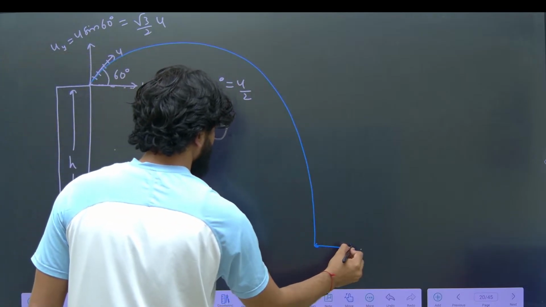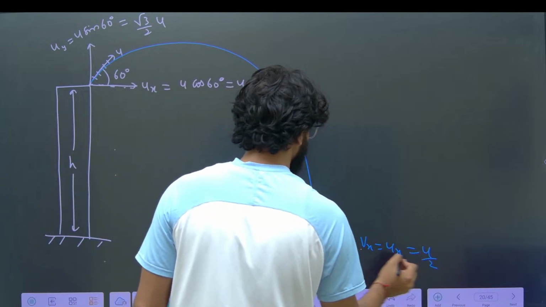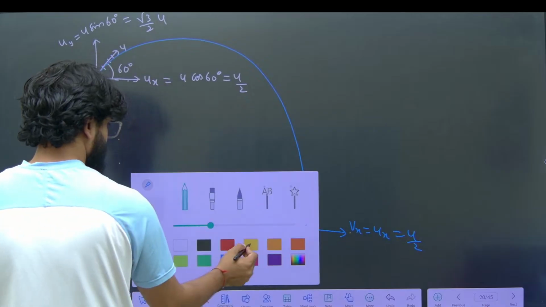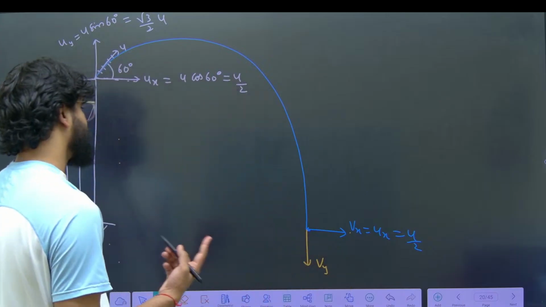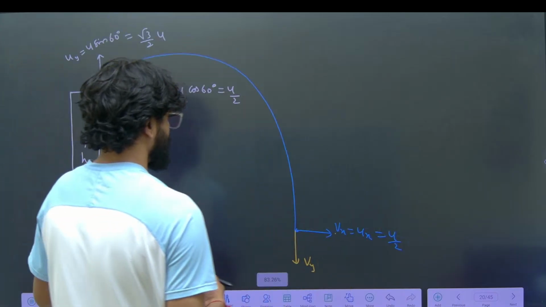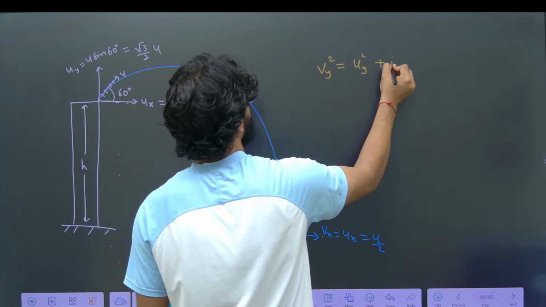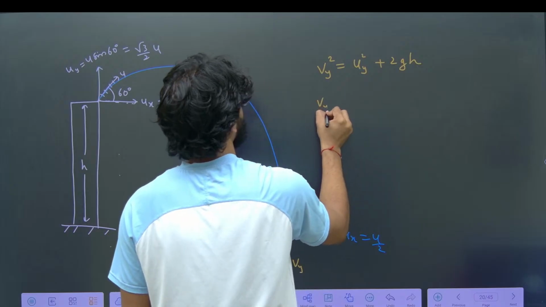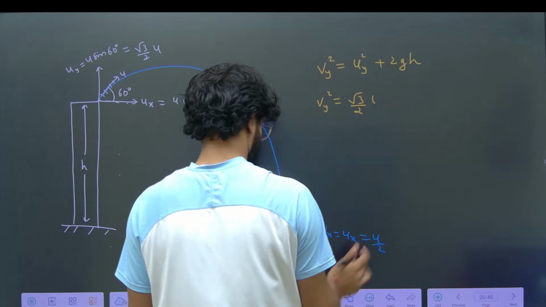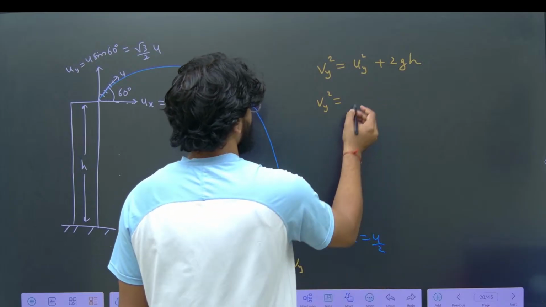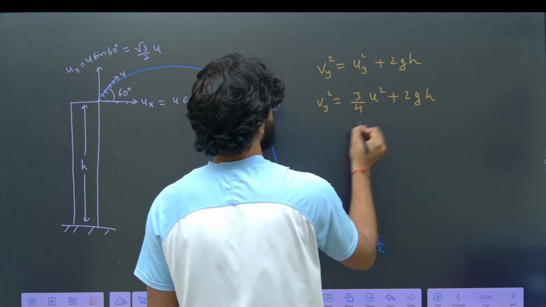Okay, so Vx will be ux only, which is u by 2, and this guy, if we can calculate it, so it will be best for us, right? So we can write Vy square equals uy square plus 2gh. So Vy square equals uy square, which is root 3 by 2 u whole square, 3 by 4 u square, plus 2gh.